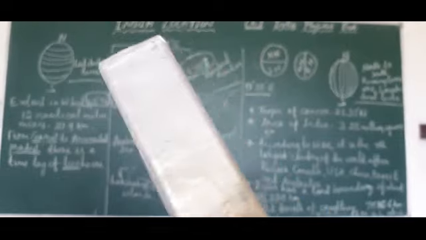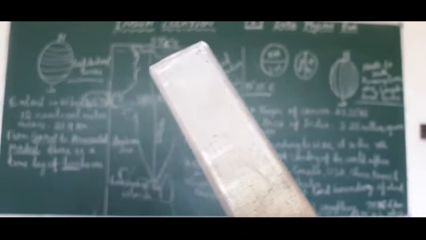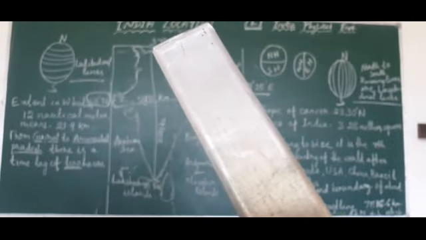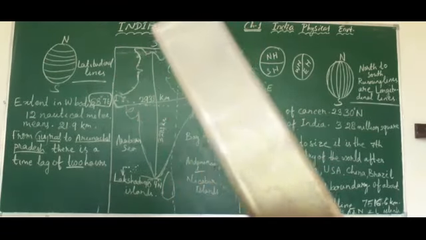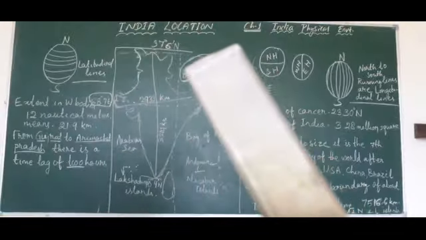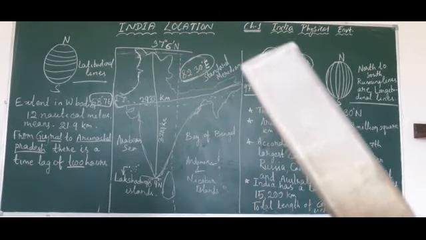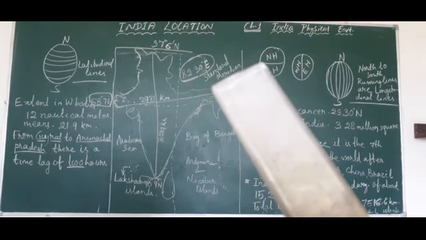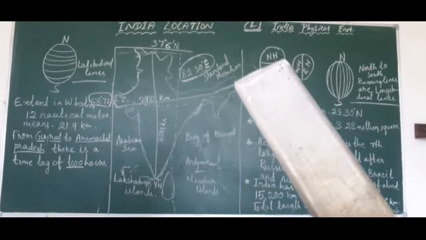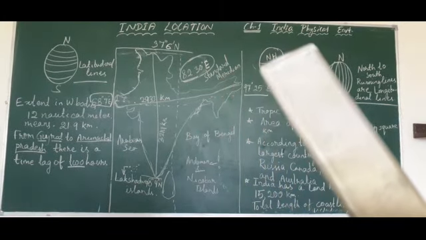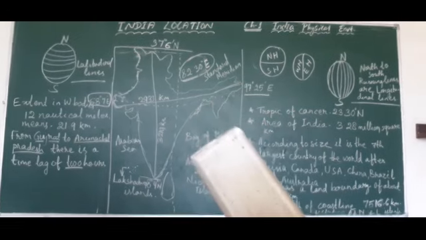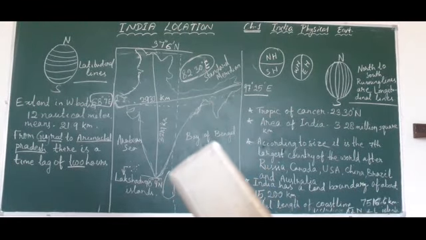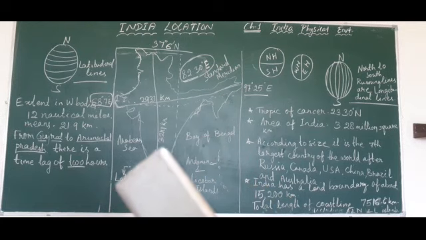In the northwest part, here it is Pakistan, then Afghanistan, then China, then Nepal, Bhutan, then Myanmar, Bangladesh, Sri Lanka, and on this side in the Arabian Sea, here it is Maldives.